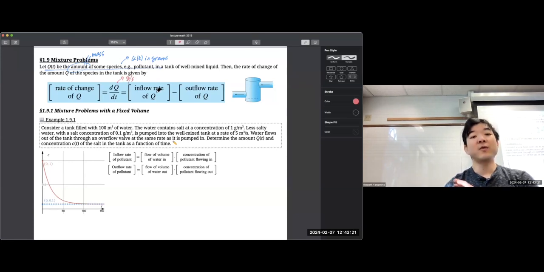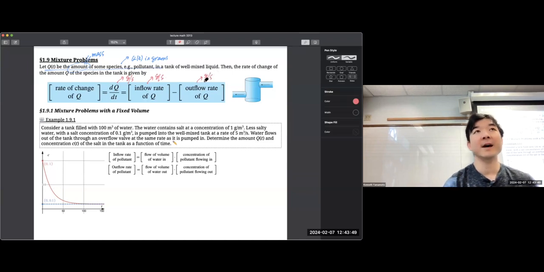So there's some flow of grams per second of pollutant that's changing in this tank. The rate of change of the amount of pollutant in this tank depends on the rate of pollutant coming in minus the rate coming out. This is like the law of conservation of matter. So these are also grams per second.